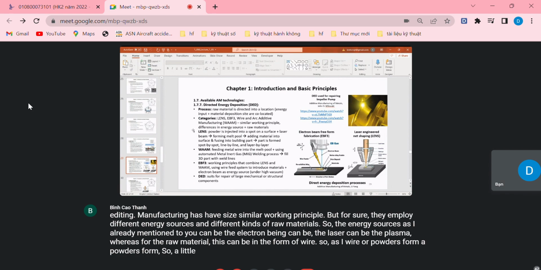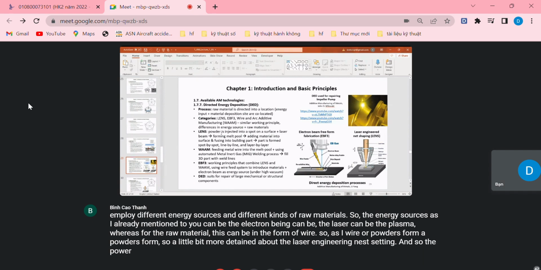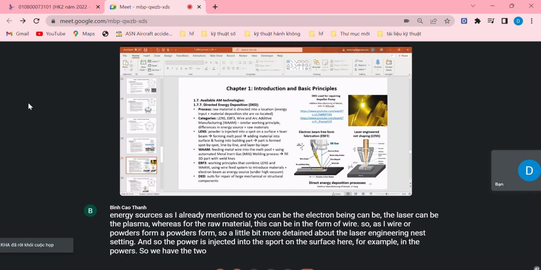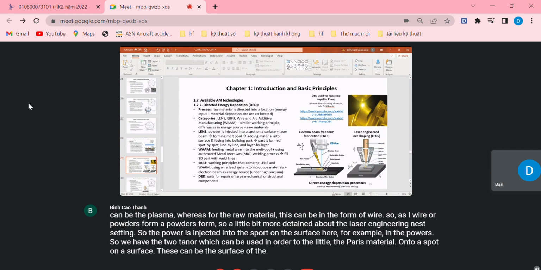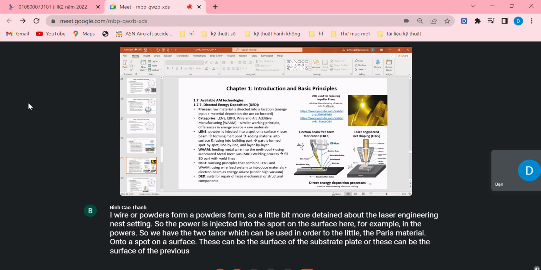So a little bit more detail about the laser engineered net shaping. The powder is injected into the spot on the surface here. For example, we have two channels, which can be used in order to deposit the powder material onto a spot on the surface. This can be the surface of the substrate plate, or it can be the surface of the previously deposited layer.